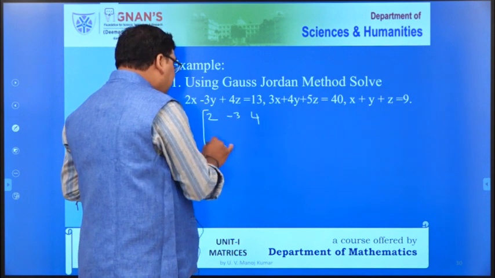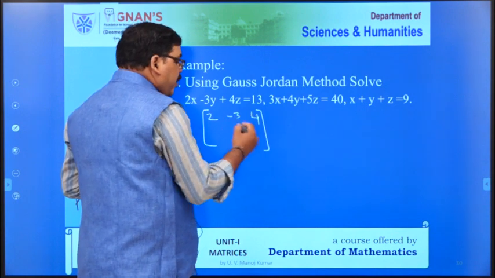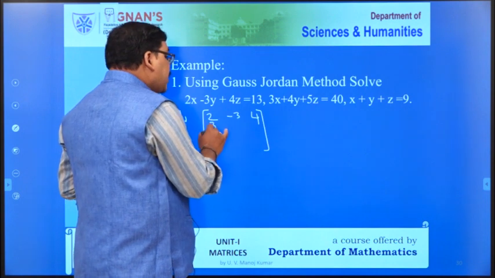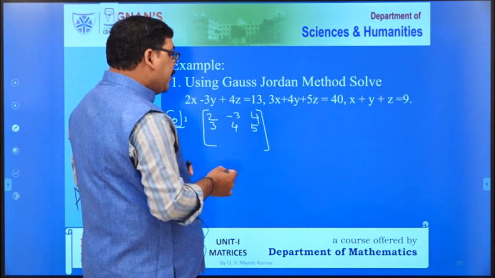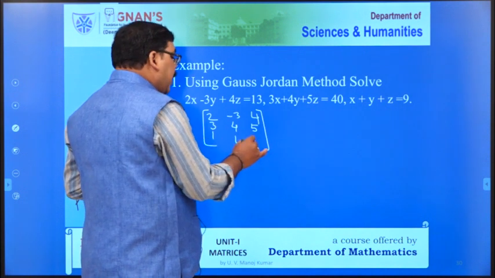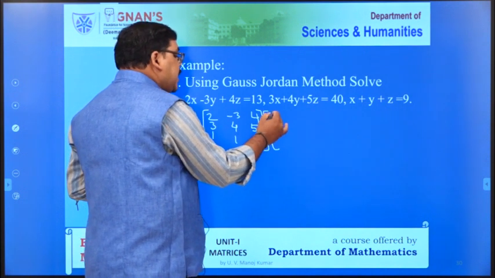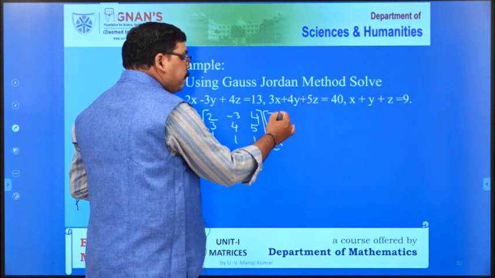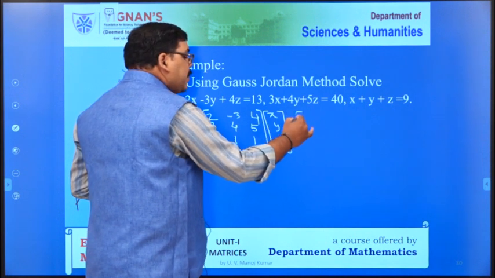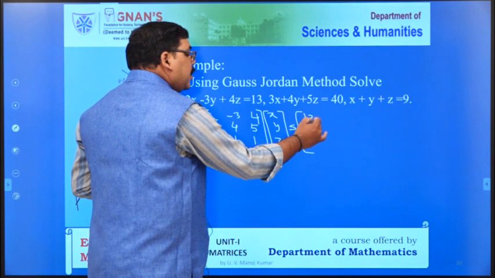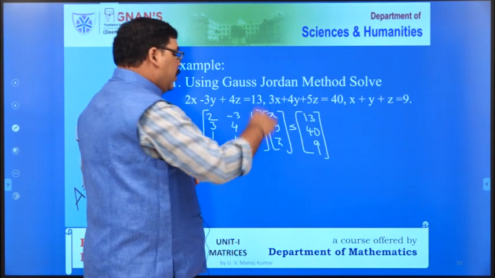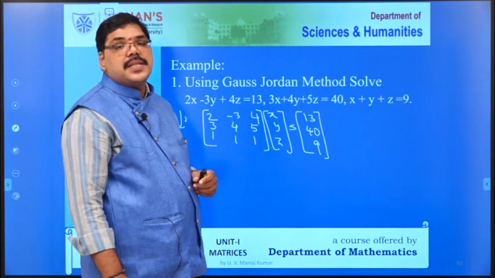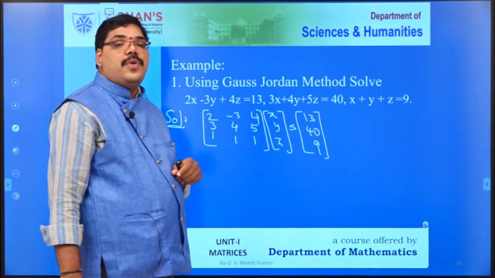Second equation coefficients are 3, 4, 5. And third equation coefficients are 1, 1, 1. Variable matrix is x, y, z, equals constant matrix 13, 40, 9. So the given system of equations is expressed in matrix form.